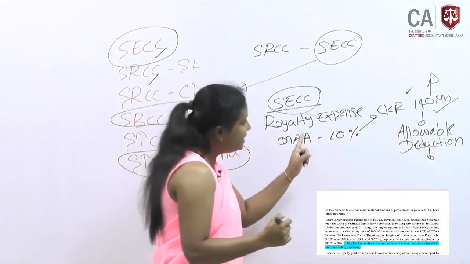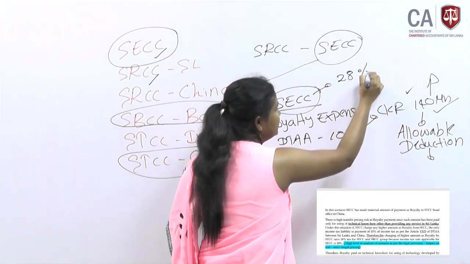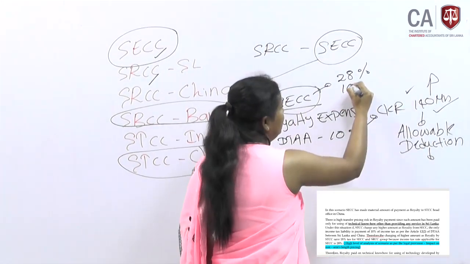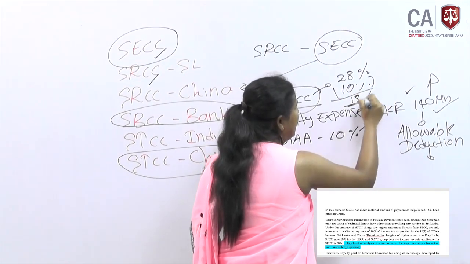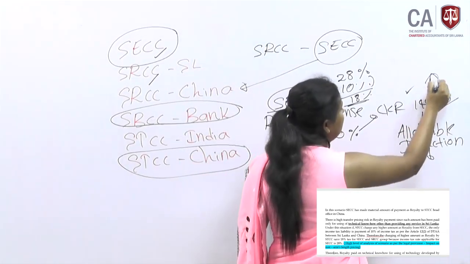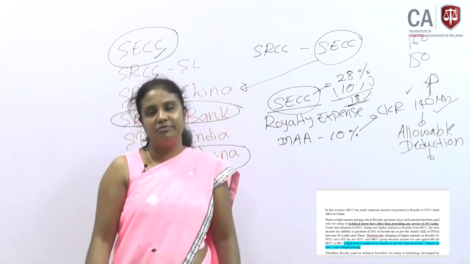Now, it is deductible. The SECC income tax rate is 28%. Now, for such kind of expense they are paying only 10%. Now, what is the saving for them? It's the 18%. By increasing this technical fee, they are having this benefit.